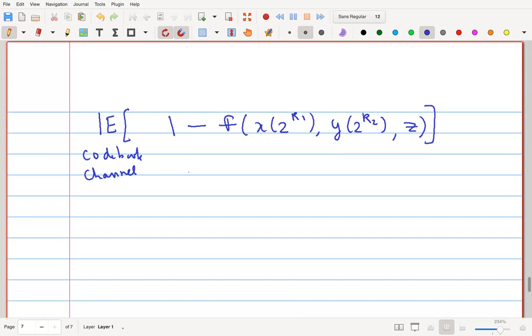We know how to analyze this from what we've already seen in the packing lemma and the point-to-point channel. So here the joint distribution between the codeword for X, codeword for 2 to the R1, codeword for 2 to the R2, and the channel output is Px times Py times p of z given x, y. And we are asking what is the probability that the hypothesis test does not accept the true joint distribution.